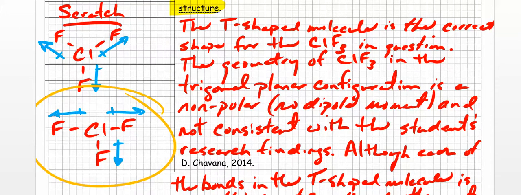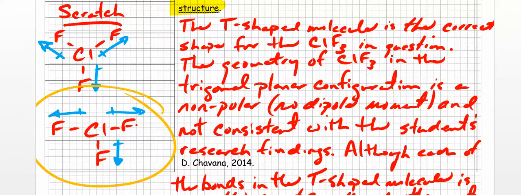And that means that there is a dipole moment for this bottom structure. So in my mind, I am convinced that the answer is a T-shaped structure, and not a trigonal planar molecule.